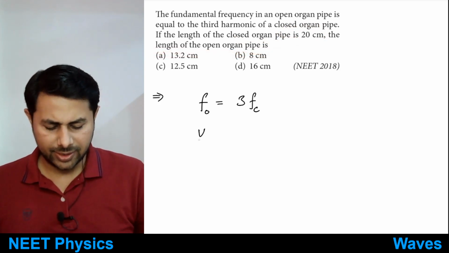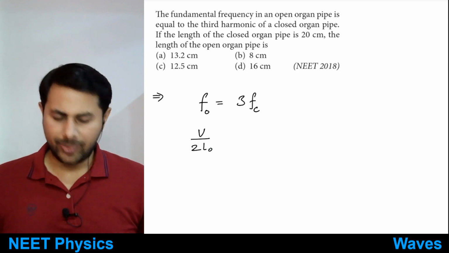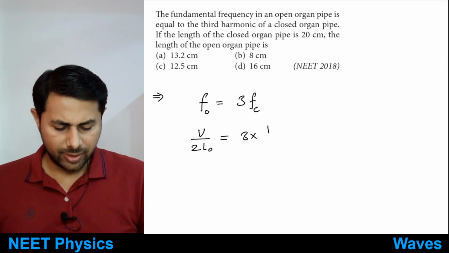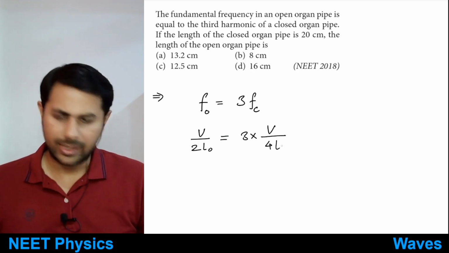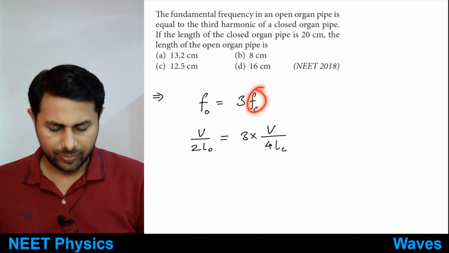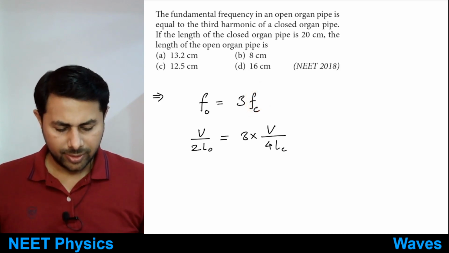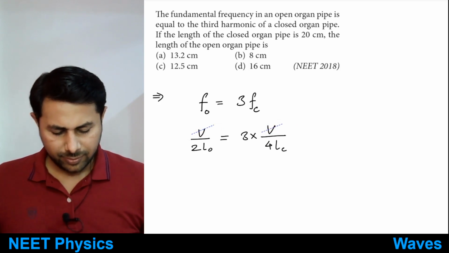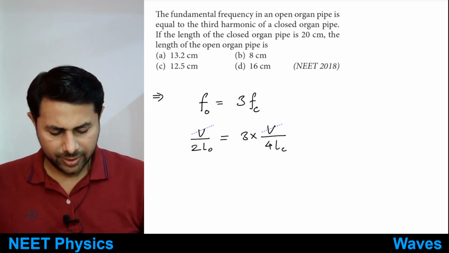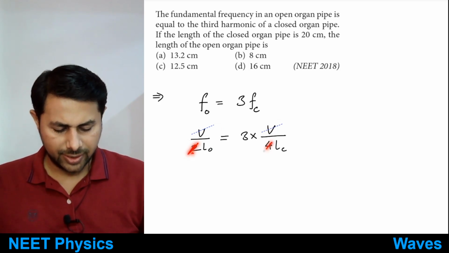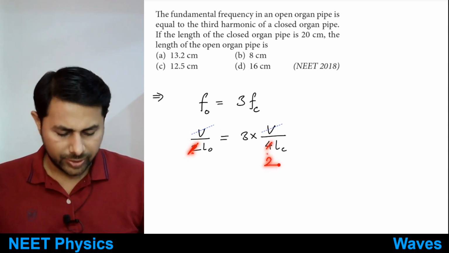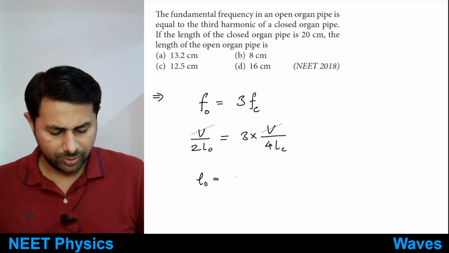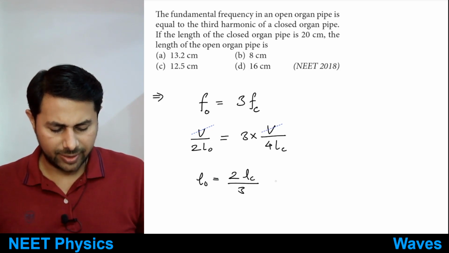Okay, so what is this? This is V upon 2 times of LO, that's fundamental frequency of open pipe, and this is just V divided by 4 times of LC, fundamental frequency of closed pipe, right? So V gets cancelled, and you can move this 2 on this side, so 4 by 2, so 2 will remain, and then take reciprocal, so you get LO is equal to 2 times of LC divided by 3.